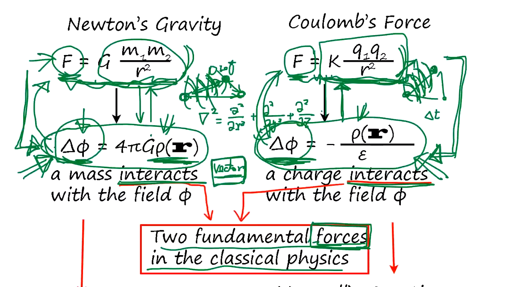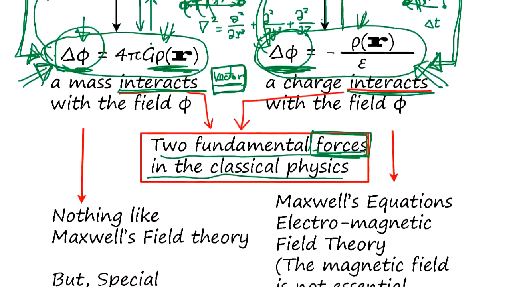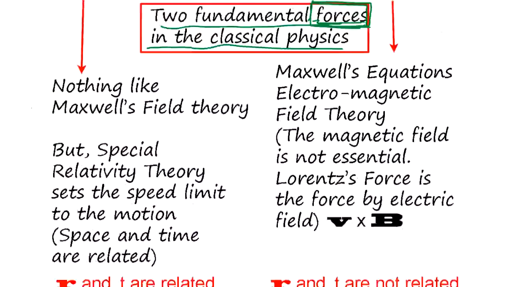So when you talk about fundamental law in classical physics, actually Newton's gravity or Coulomb's force, you learn this as a law, but that can be proven by this field fundamental law.